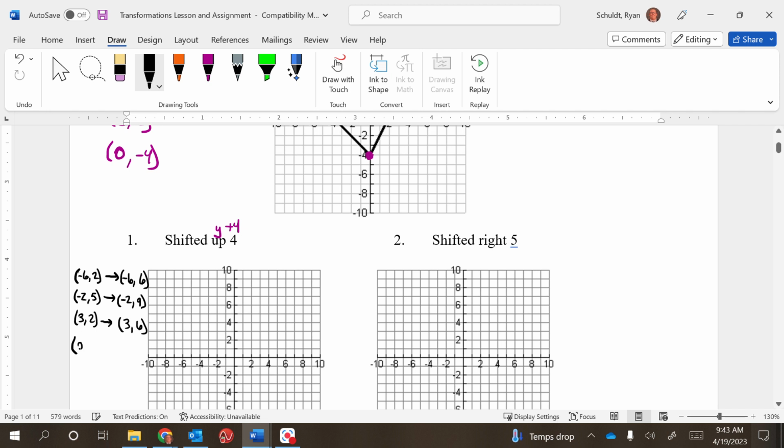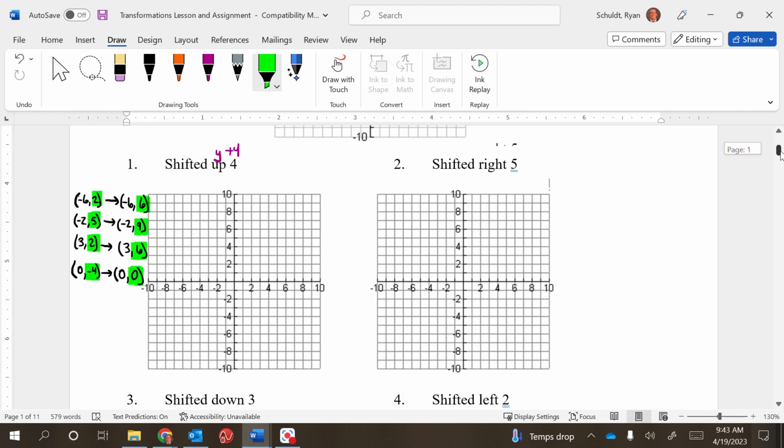And then we were at 0, -4. If I add 4 to that y, that puts me at 0, 0. So notice my x's stayed the same. All I did was adjust the y's. If you move up or down, that means you're dealing with the y's.